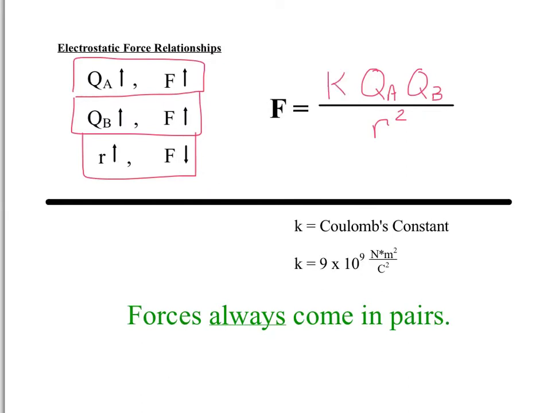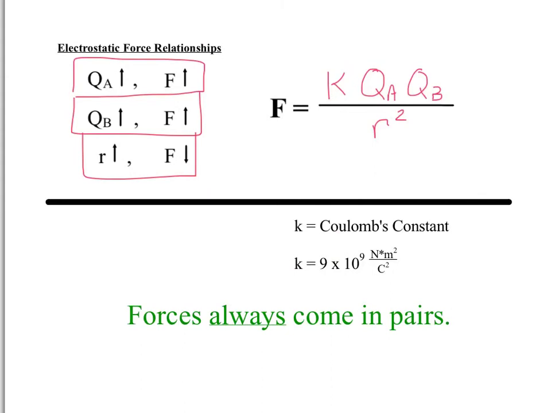We call this Coulomb's constant. Coulomb's constant is K, and that K value is always going to be 9 times 10 to the ninth, newton meters squared over coulomb squared. So wherever you see the K, you always plug in this number.